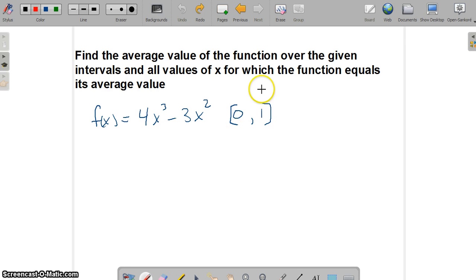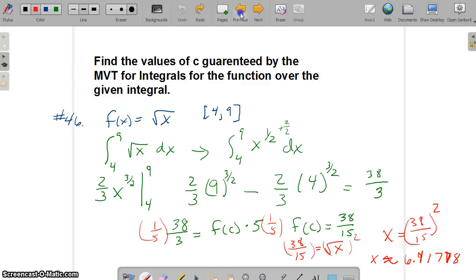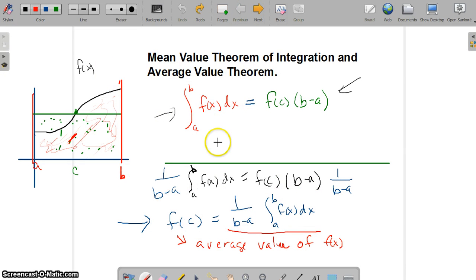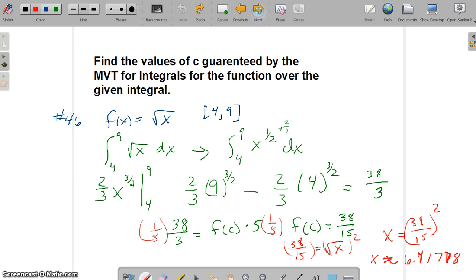To find the average value, if I go back to my first screen, this is the average value function. So the average value, which is f of c, equals 1 over b minus a times this, which is really what we just did in this last problem. Sorry, this is taking a few seconds.